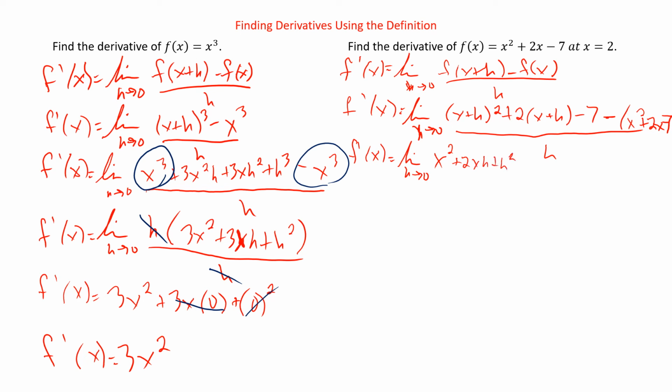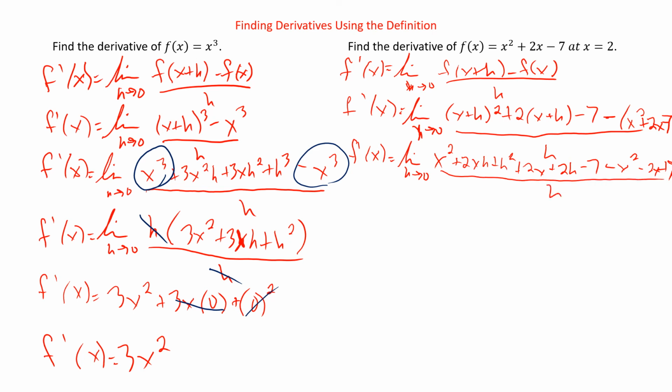We can distribute the 2 here, plus 2x plus 2h minus 7. And now distribute this negative. That's key. Minus x squared minus 2x plus 7 all over h.